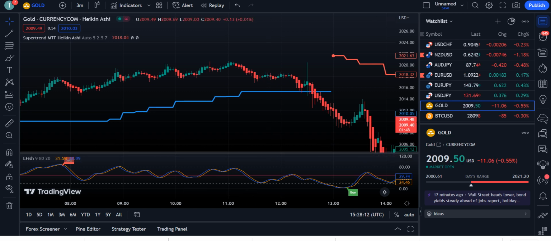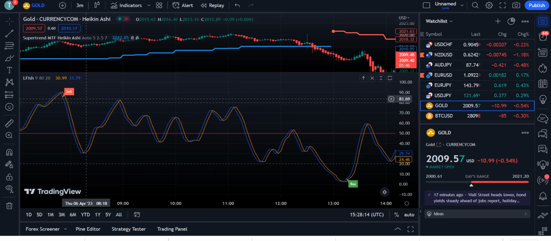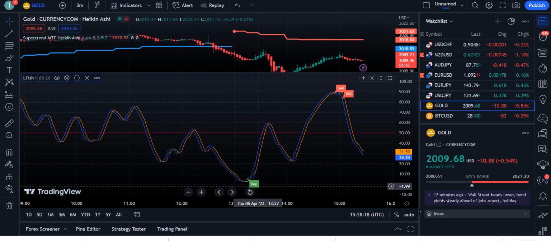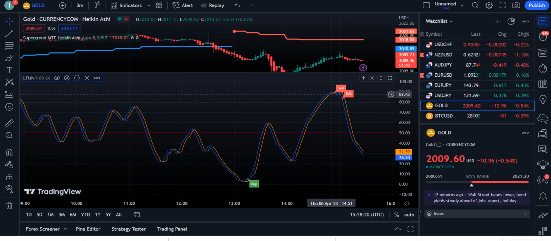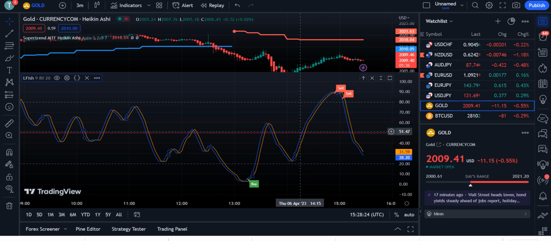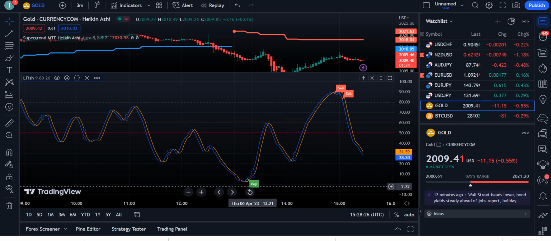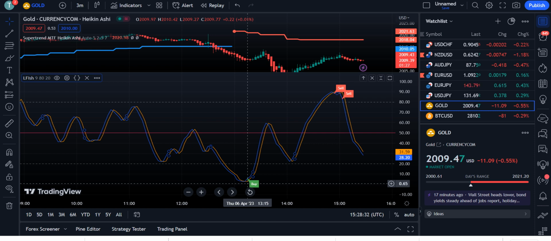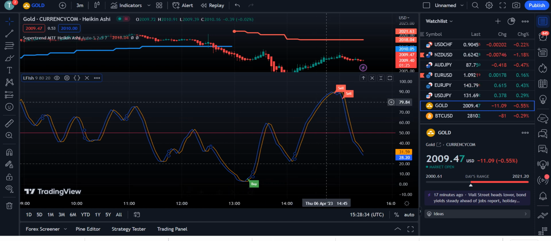I want to tell you that first of all, you have to see that this is the Limited Fisher Transform indicator that is giving us the buy signals and the sell signals, which are showing that our market is in the overbought or in the oversold level. Always remember, there is a center line, that is the 0 level line, and the oversold level will be the 20 level and the overbought level will be the 80 level.